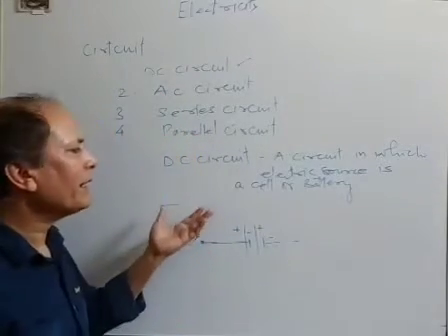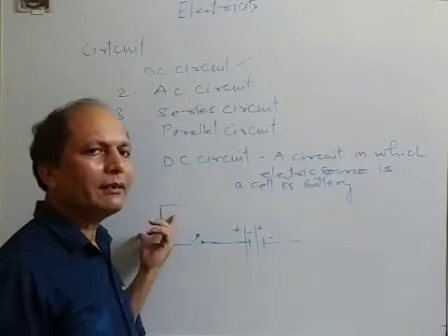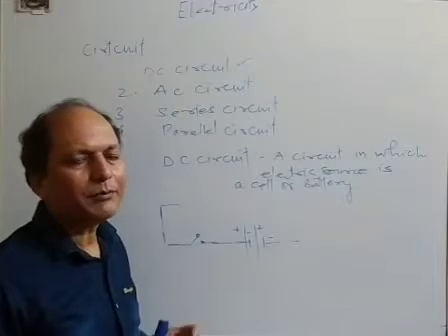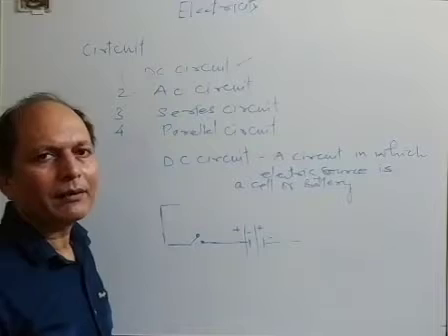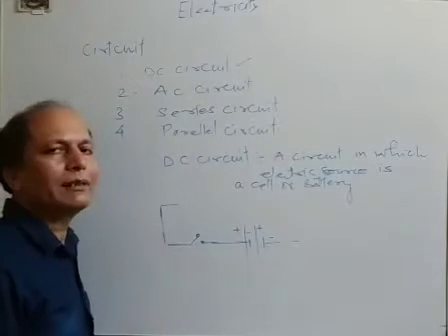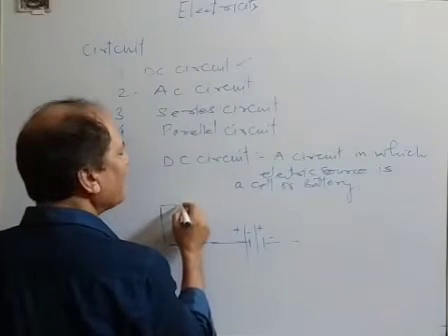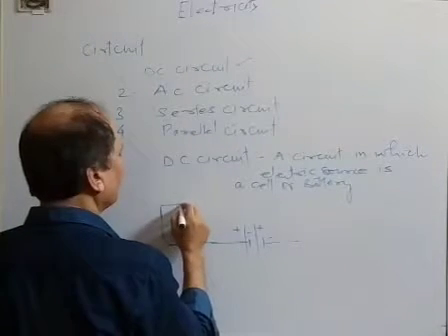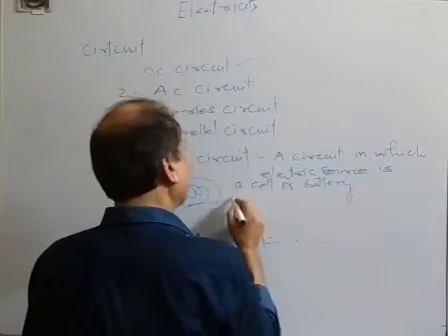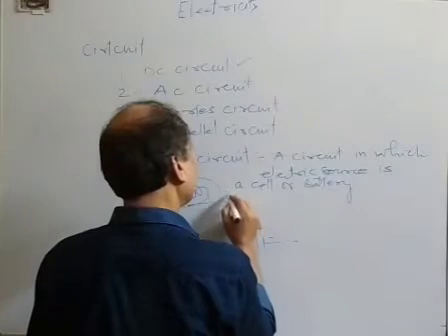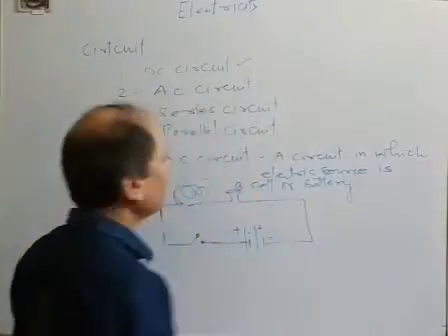So I told you that it is a path connected with electric source, switch, conductors, and resistors. Resistors means electrical instruments, just like bulb, speaker, buzzer, etc. So see this one by one. Suppose I am taking a bulb, and after that a speaker, and after that battery circuit is there.